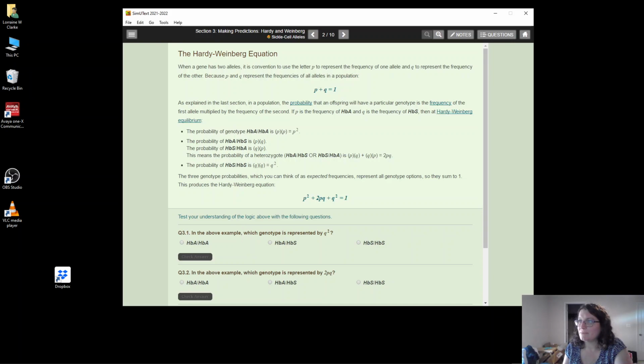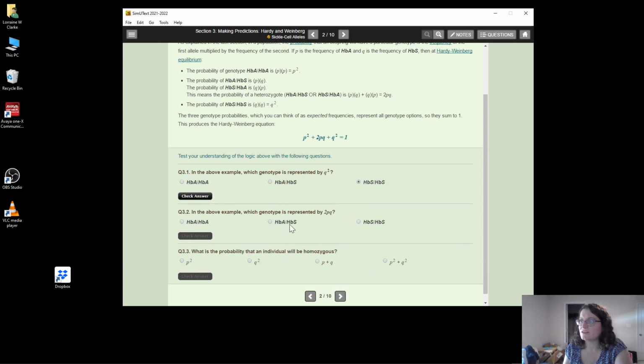HbA, p squared, okay? q squared is going to be S, and then the 2pq is going to be the heterozygote. And the probability that an individual will be homozygous is the same as p squared plus q squared, okay? Not a heterozygote. See?